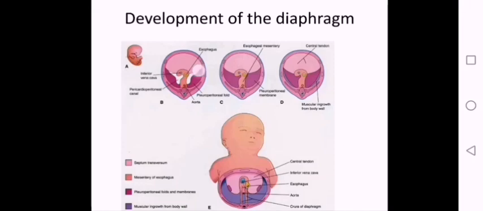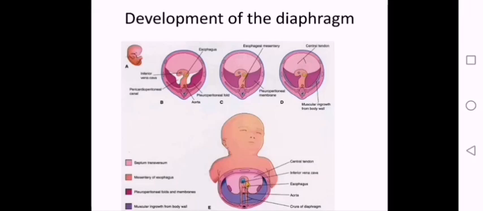It arises from the ventrolateral body wall. This septum transversum will form the central tendon of the diaphragm.